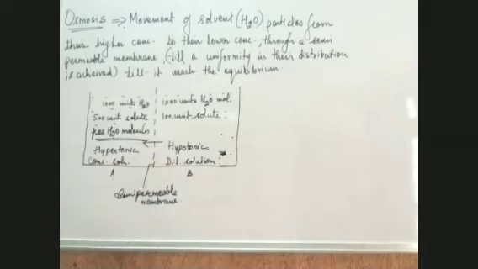Now, up to what time will it keep moving? Till the concentration of both the compartments is equal. Till the concentration of both A and B becomes equal. The water will keep on moving till equilibrium is achieved.